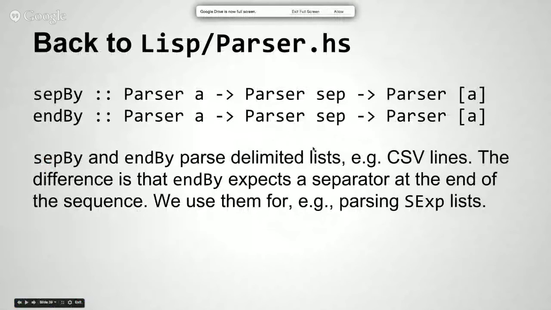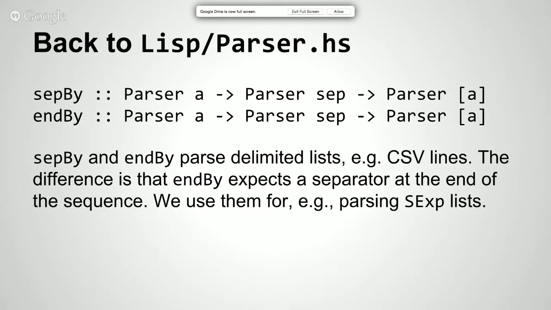In any case, we also have sepBy and endBy. Those take a parser of some type A and a parser of a separator. The sep type could be parser B, just some other type that I don't really care about.